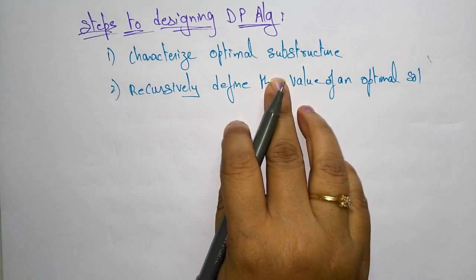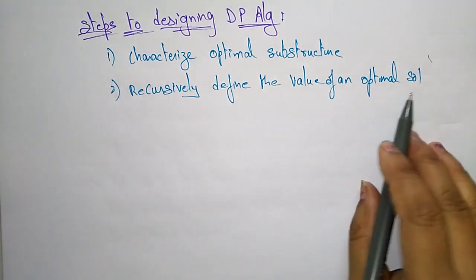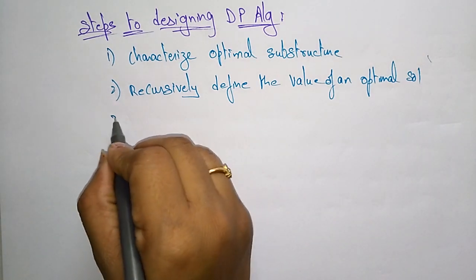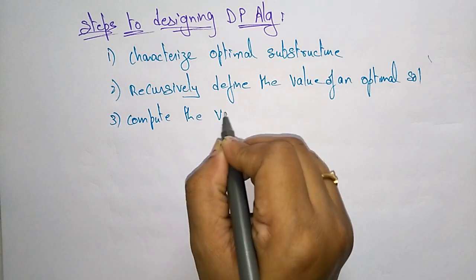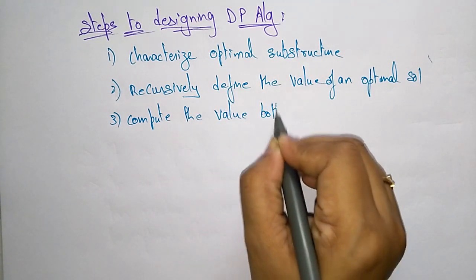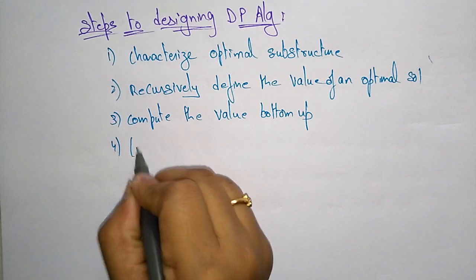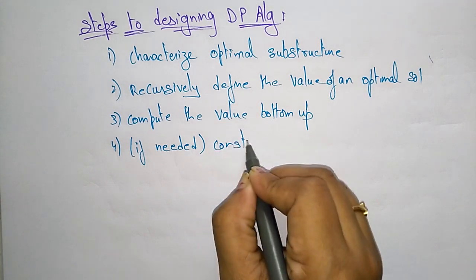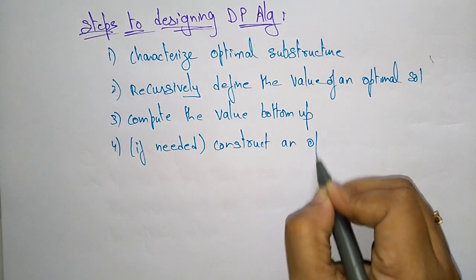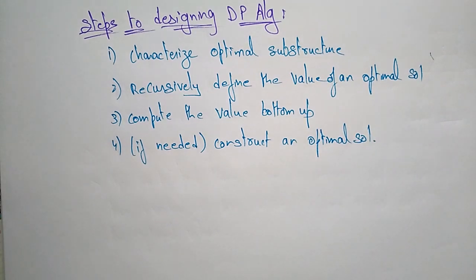Whatever optimal substructure we have taken, we recursively define the value for that optimal solution. Next, compute the value by using the bottom-up approach. And next, if needed, construct an optimal solution. So these are the steps you have to follow for designing a dynamic programming algorithm.